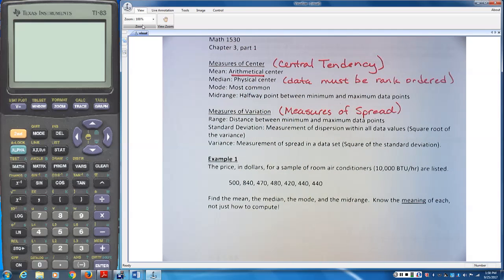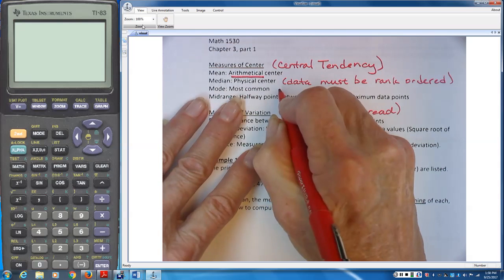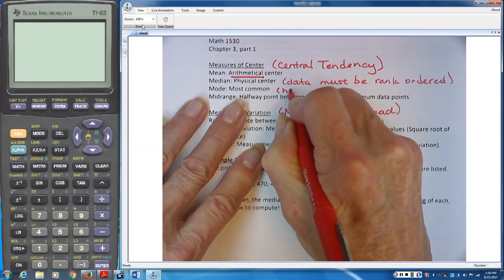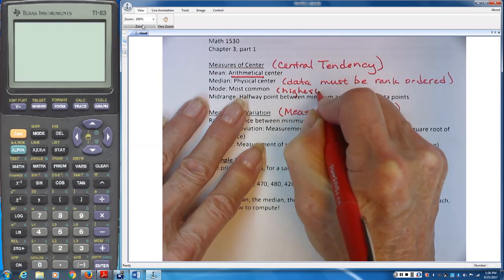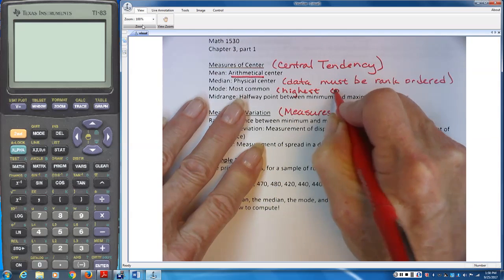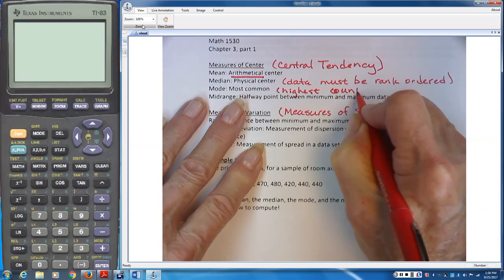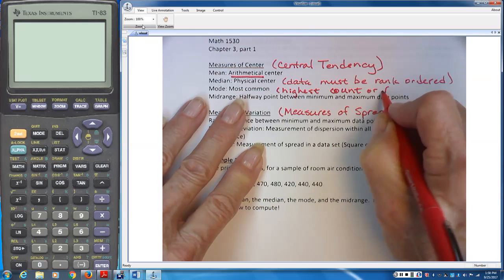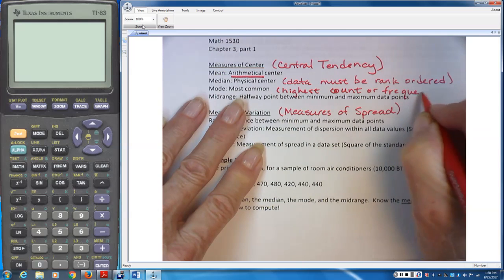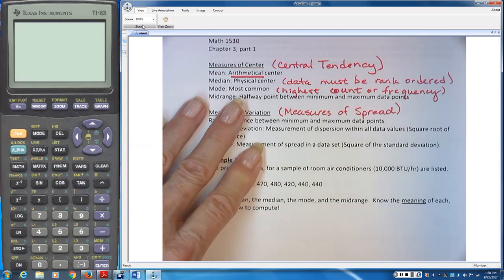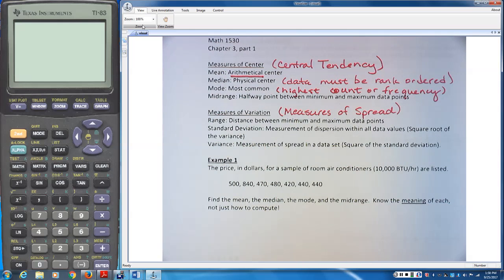And then the mode is the one that's the most common, and the other word for that is it has the highest frequency. And we could also say it has the highest count, since a frequency is actually a count.